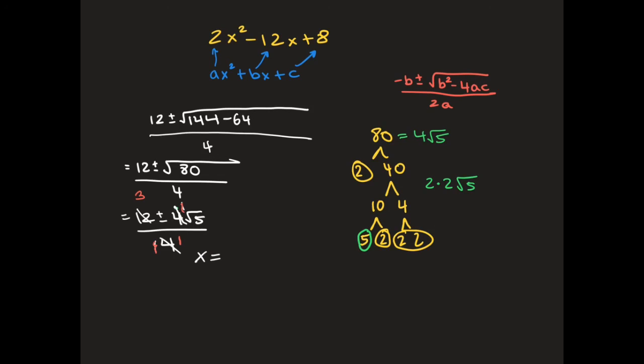X equals 3 plus or minus the square root of 5. And that is our final answer. That is how we get our x-intercepts when a quadratic equation is unfactorable.